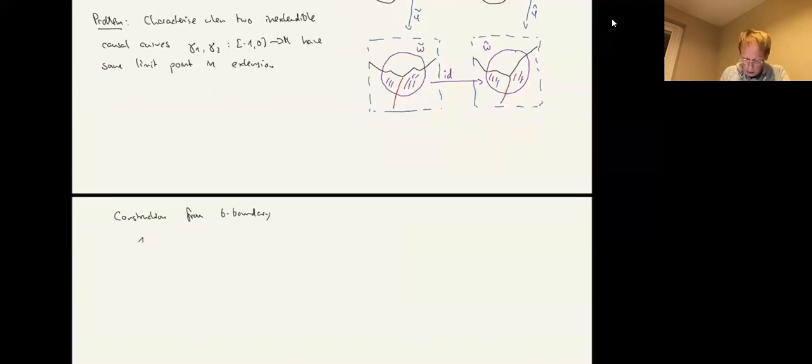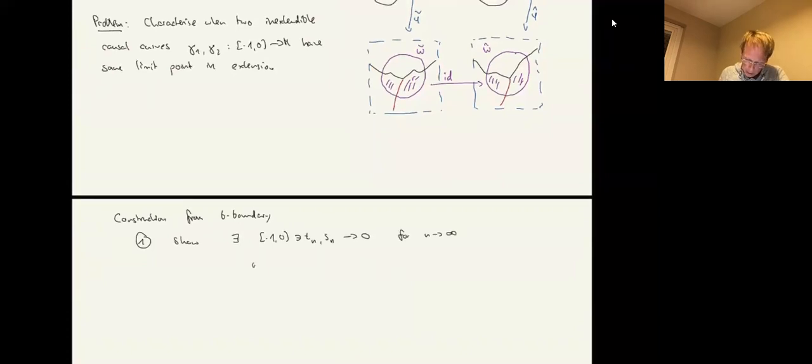I show that there exist sequences T_n and S_n, which go to 0 for n going to infinity, and a sequence of curves sigma_n such that sigma_n(0) is gamma 1(T_n) and sigma_n(1) is gamma 2(S_n).